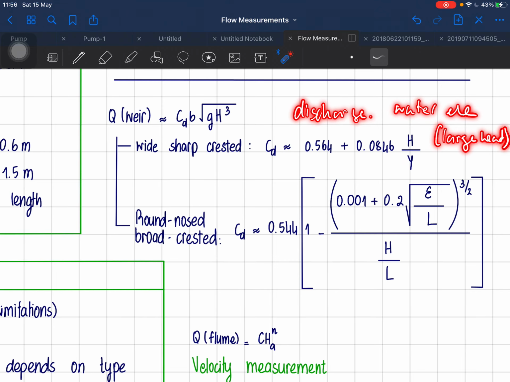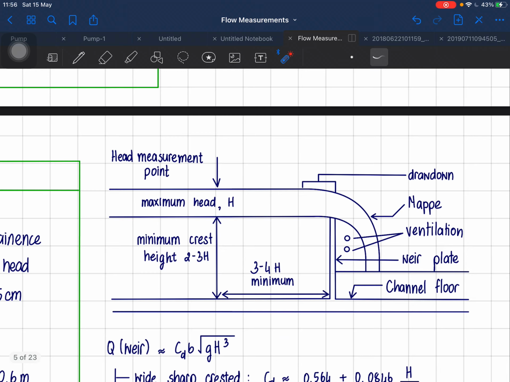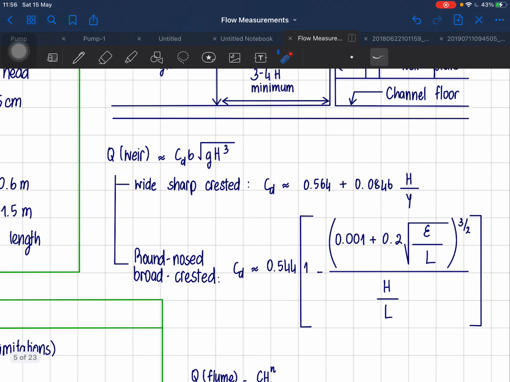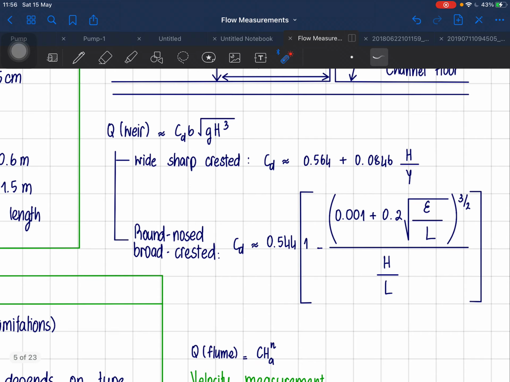You might wonder what the large head is. Large head is this part here. This is the head, right? If the head is too large, we're going to use the trapezoidal one. As you can see, there will be different things. We have the triangular one that has the angle here.